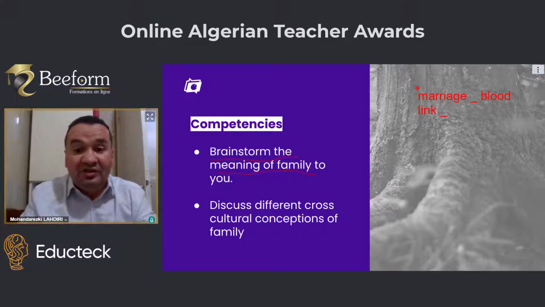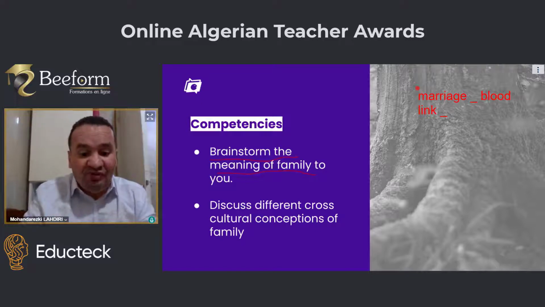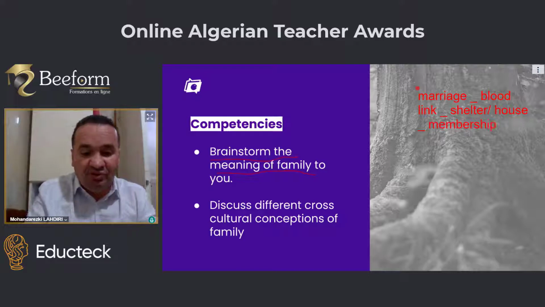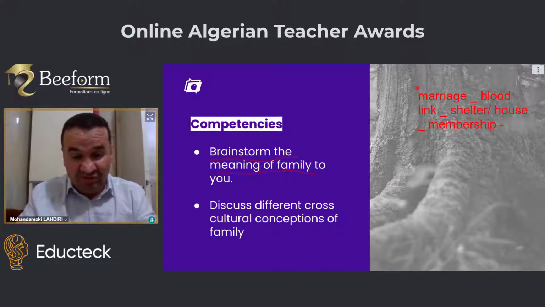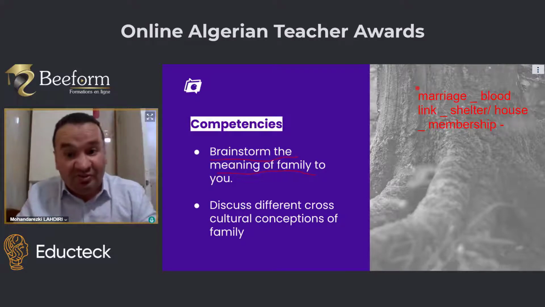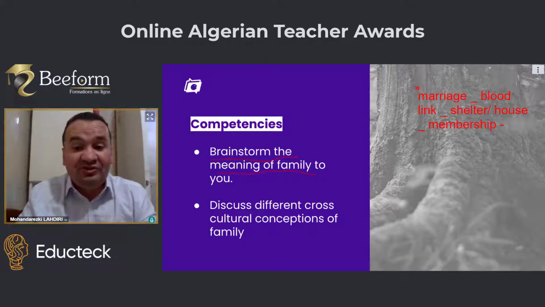This is a brainstorm. You can give, of course, shelter or housing, house. We can give also membership or family members. And when we say family members, it can be father, brother, sister, wife, husband, daughter. All these are family members.